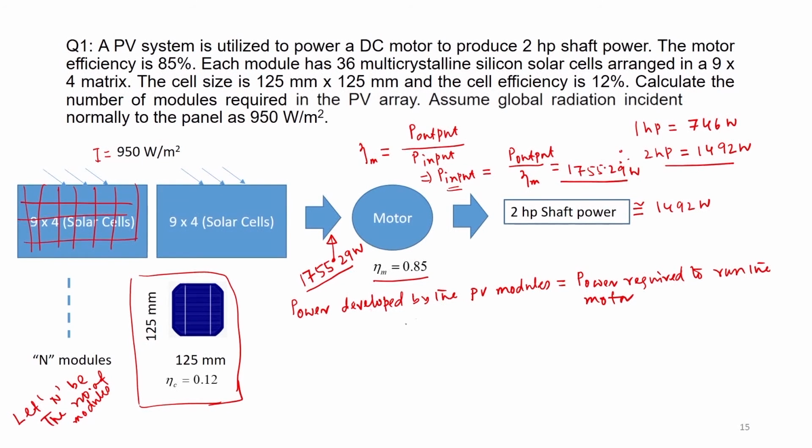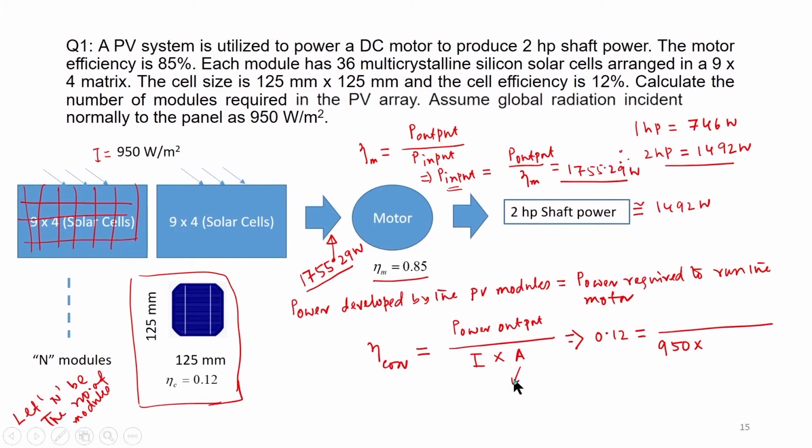So, let us use the expression: eta conversion is equal to power output from the PV modules divided by the amount of solar radiation falling on the modules, which is I multiplied by A. So, this conversion efficiency is 0.12, and I is 950, and the area of a single cell is 0.125 by 0.125.